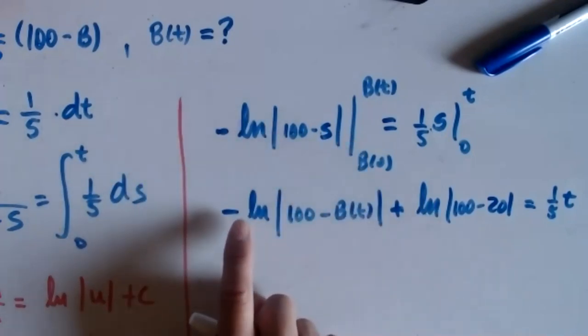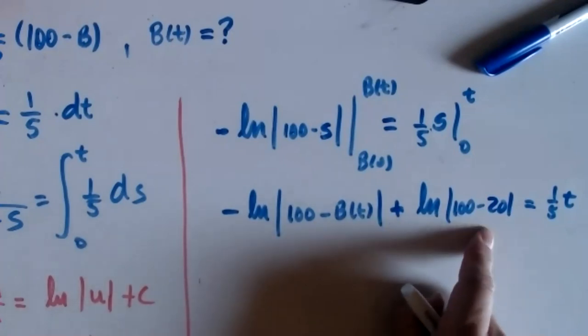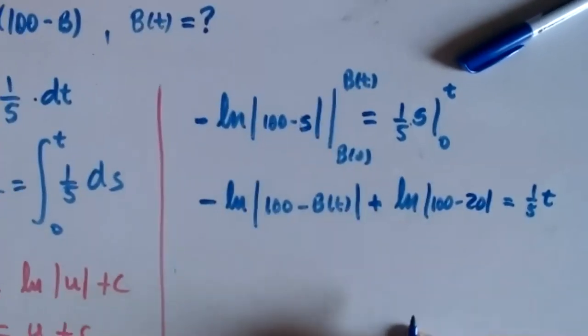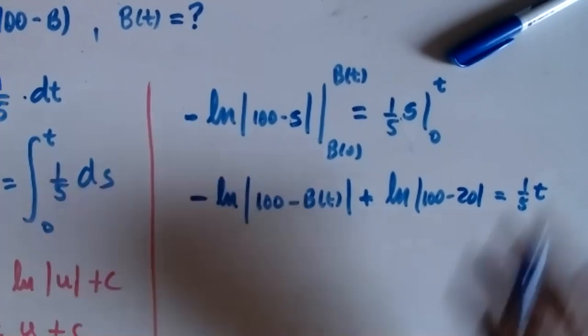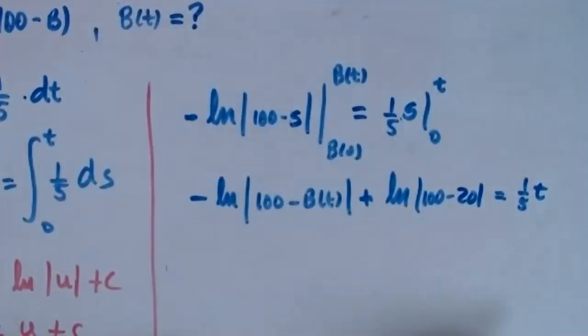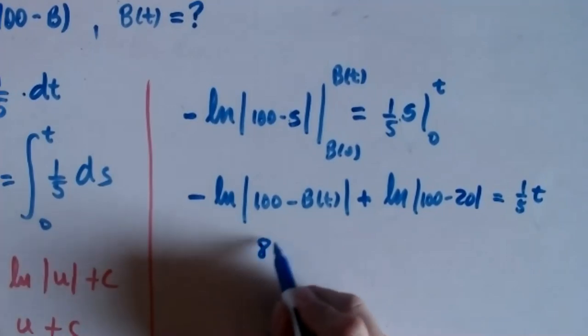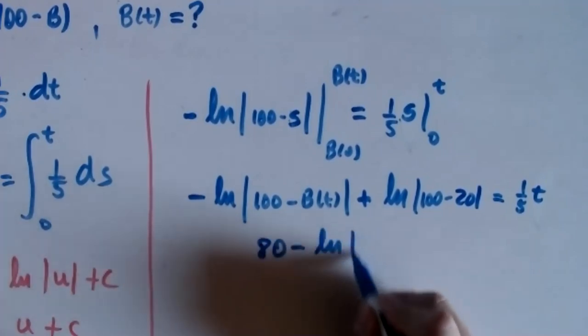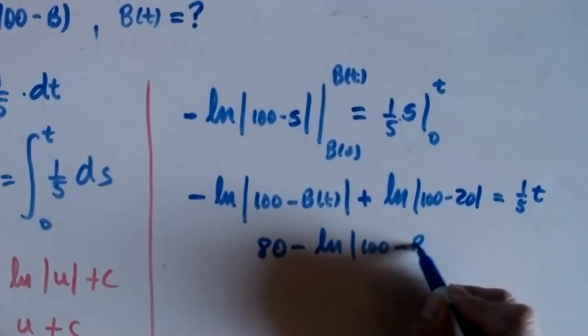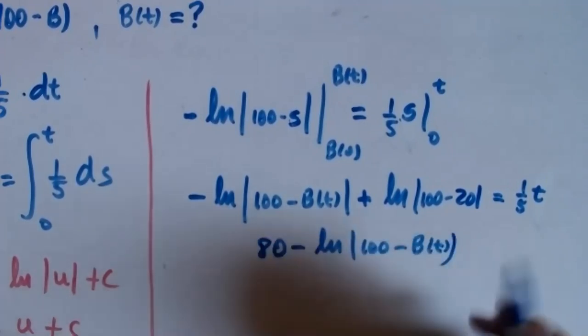Negative times a negative is positive, 100 minus 20. Okay, now what? So this is 80, correct? So this is ln of 80 minus ln of 100 minus b of t, right?